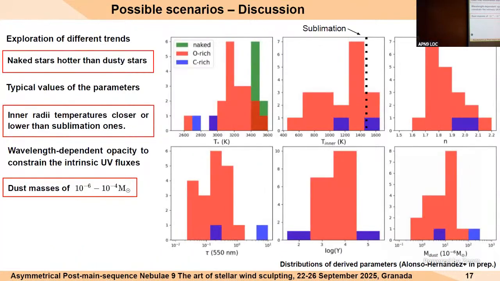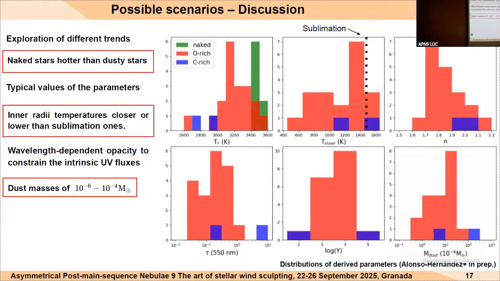Okay, here are the histograms of the different parameters, and I would like to highlight some easy results. On one side, there are some AGB stars that don't have a dusty envelope, and these ones have higher stellar temperatures. This is well known because as AGB stars have mass loss, they also decrease in temperature.